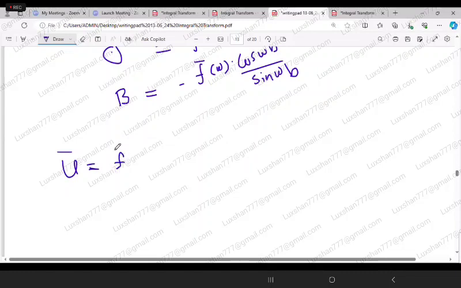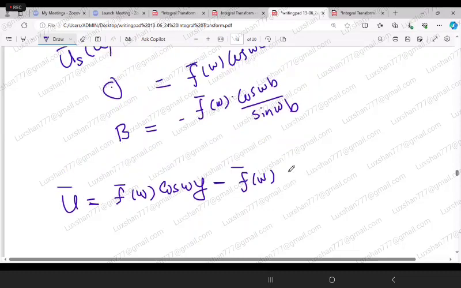Okay, therefore the solution u bar is equal to, a is equal to F bar omega cos omega y, b is minus F bar omega cos omega b over sin omega b into sin omega y.